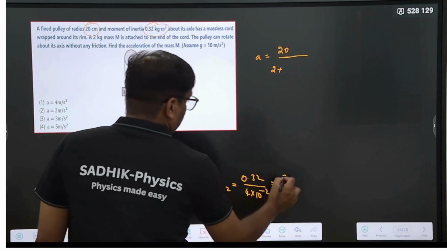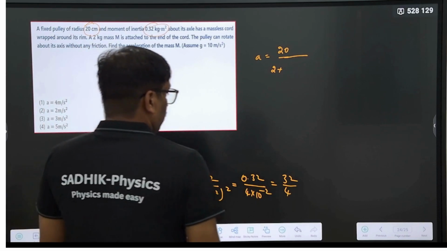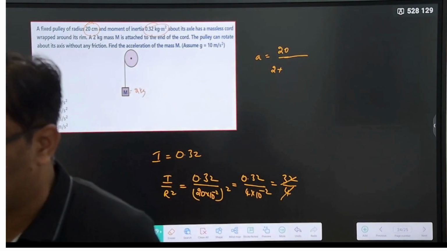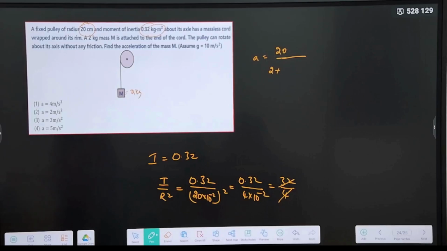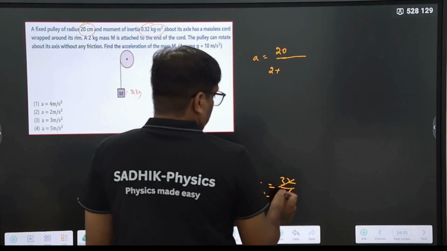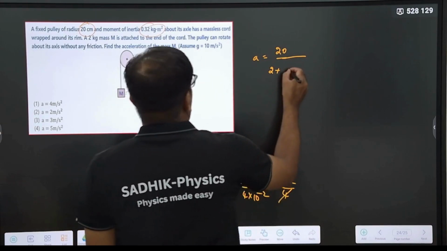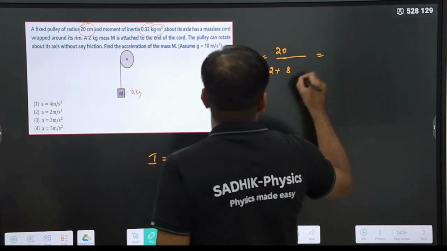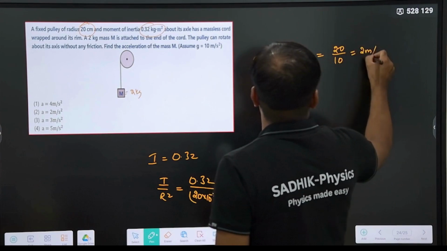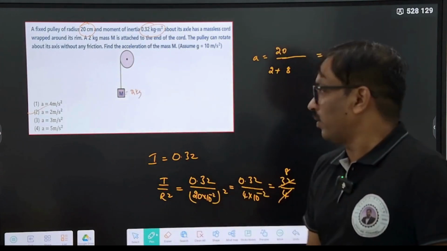Therefore 32 by 4, how much will it be now? It will be 8. So how much will it be? 20 divided by 10, therefore 2 meter per second square. Like this also you can solve the problem very easily.